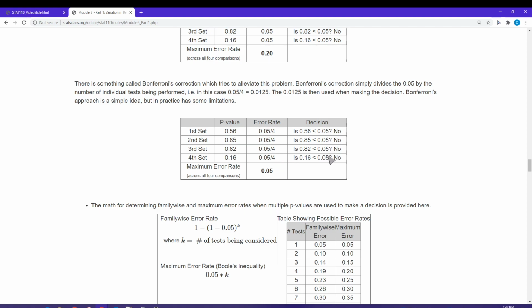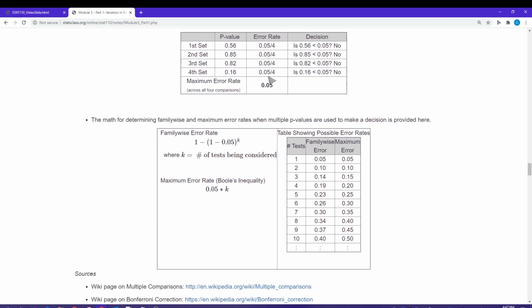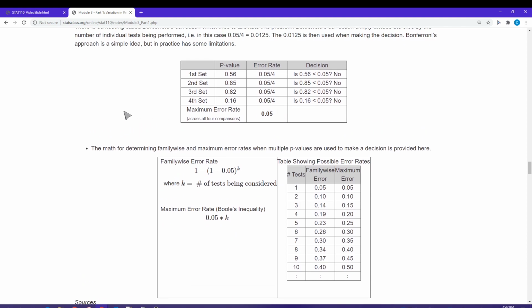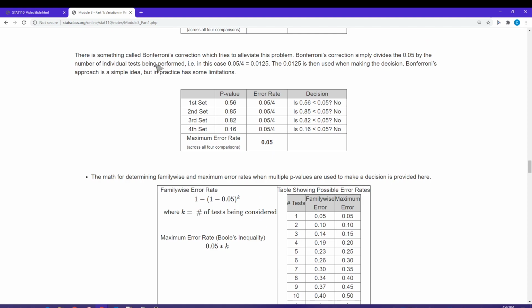I can see that I have a typo here in this column. These should be 0.05 divided by 4. The advantage of Bonferroni's correction is that the maximum error rate is going to stay at 5%. So that's a neat little idea, but in practice, Bonferroni's correction does not work very well to alleviate this problem.